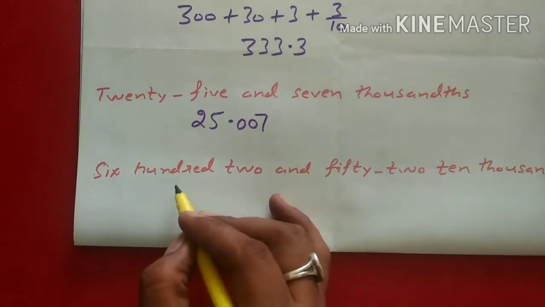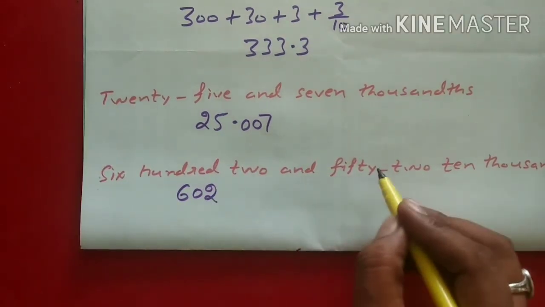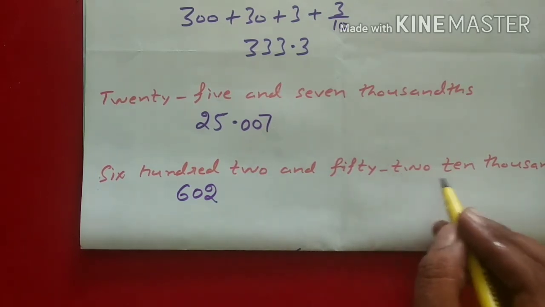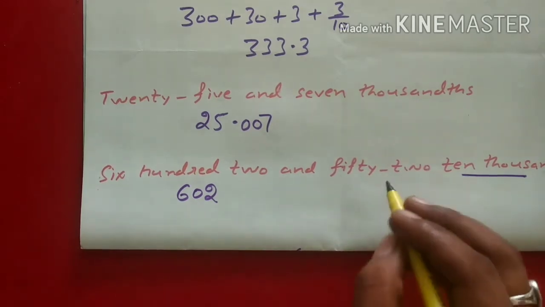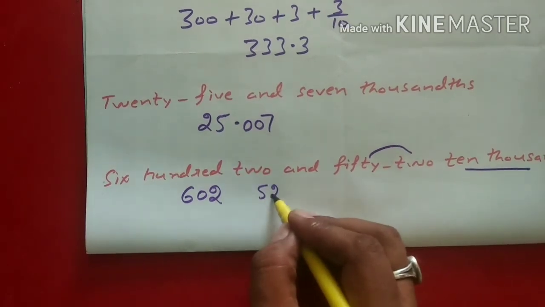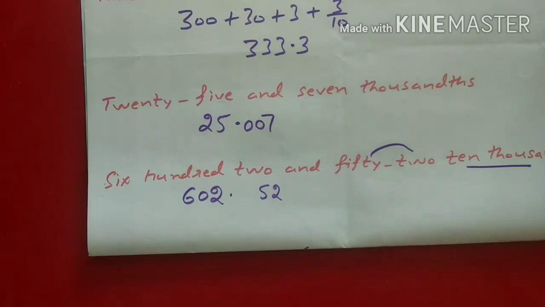First of all, I will write 602. After that, and 52 ten-thousandths. Students, see this 10,000. In 10,000 how many zeros are there? There are 4 zeros. So you will have to write 52 in such a way that after the decimal there should be 4 digits.